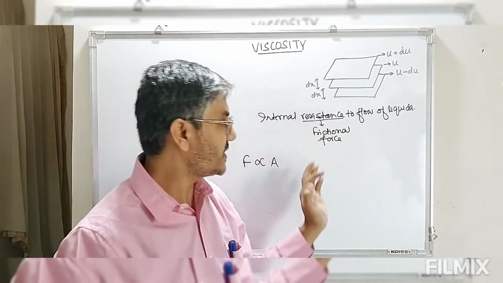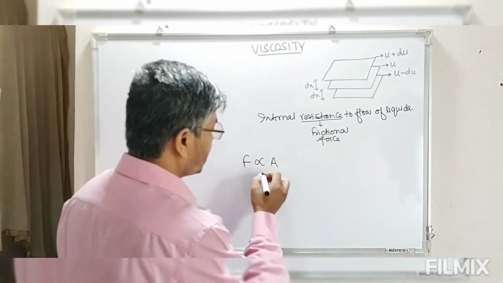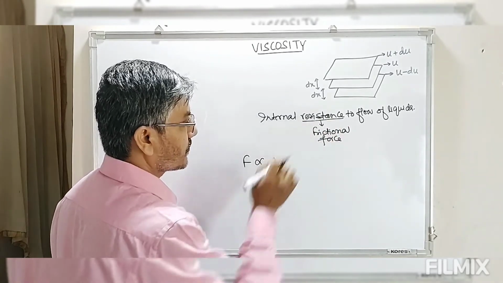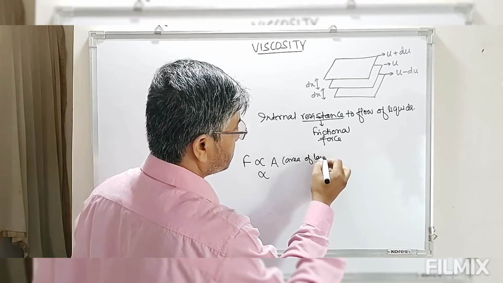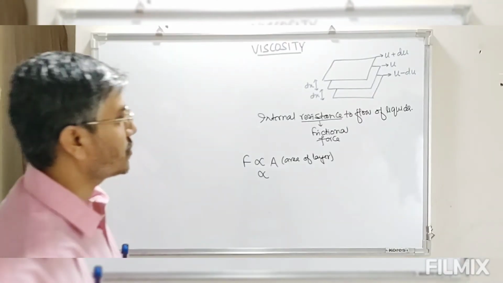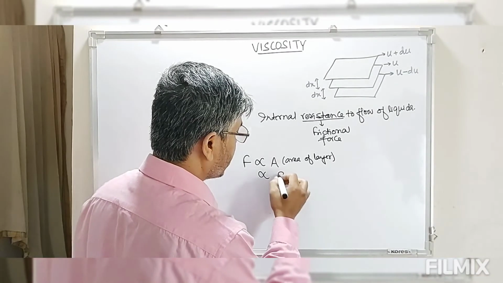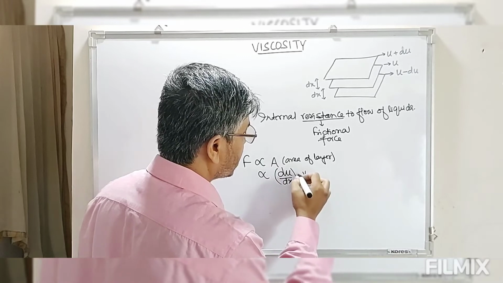If the area is less, internal resistance will be less. Along with this area of layer, this frictional force is also proportional to the velocity gradient, du by dx, that is, the velocity gradient.